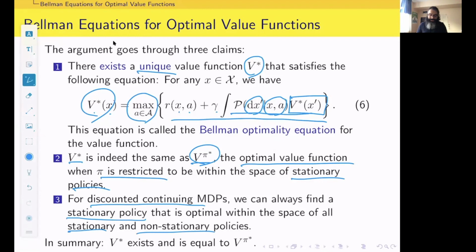So basically, the result is that if we solve this Bellman equation, the value we find would be the optimal value function over any policy. So this is kind of the idea.